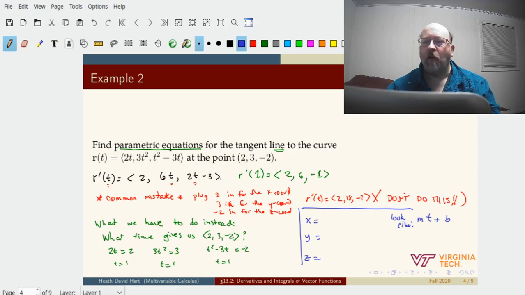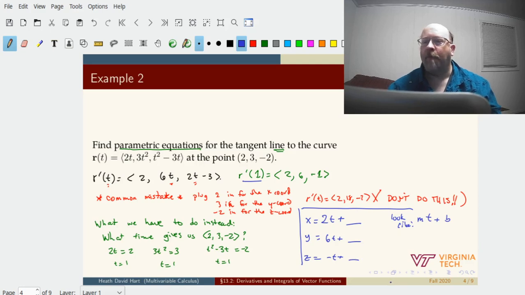Well, we know what the slope is because the slope comes from the derivative. So in the x-coordinate, it's going to be 2t plus b. In the y-coordinate, we're going to have 6t plus b. And in the z-coordinate, we're going to have negative t plus b.